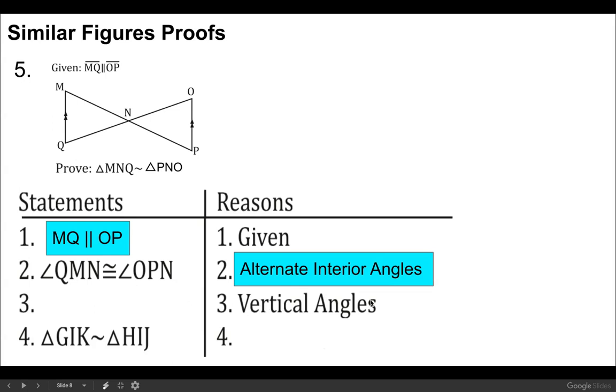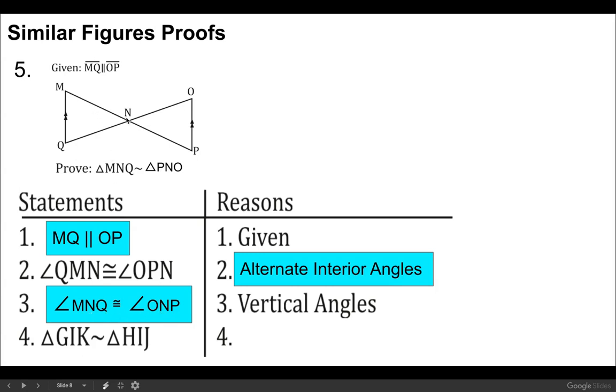We're also needing to look for some vertical angles. So here we have a pair of vertical angles, and we will need to name them with the 3-letter naming. You cannot just say angle N. There's actually 1, 2, 3, 4 angle N's. So we need to specifically talk about the angles in the triangles.